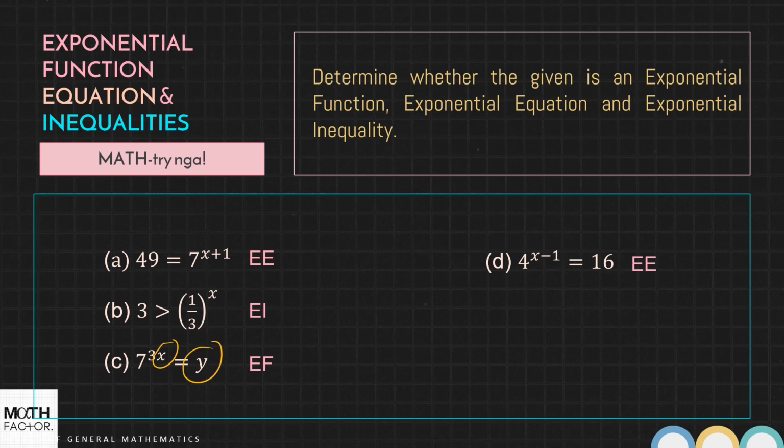Right? So we have here 3 raised to 3 is less than 9 raised to x minus 2. So this is an example of exponential inequality. And lastly, y is equal to 0.25 raised to x. So since it involves a relationship between two variables, this is a function.